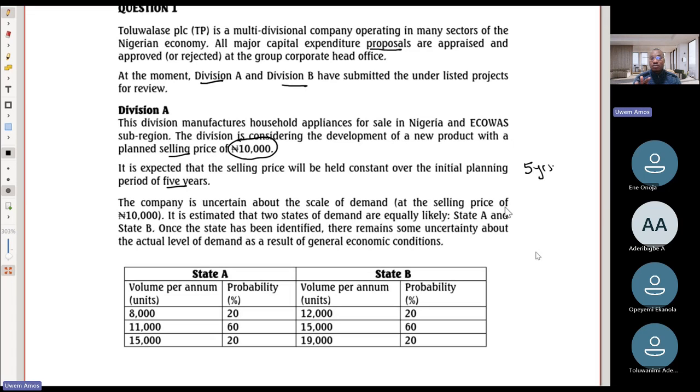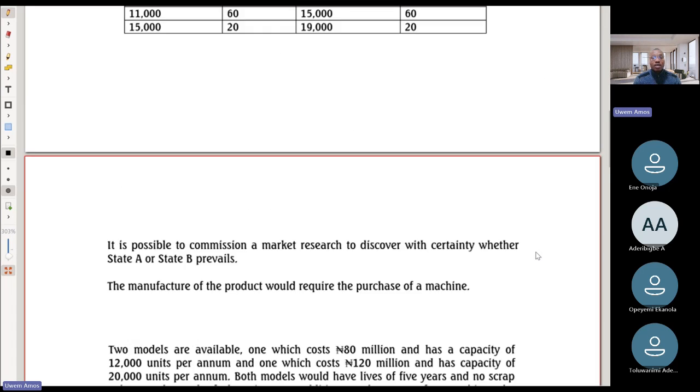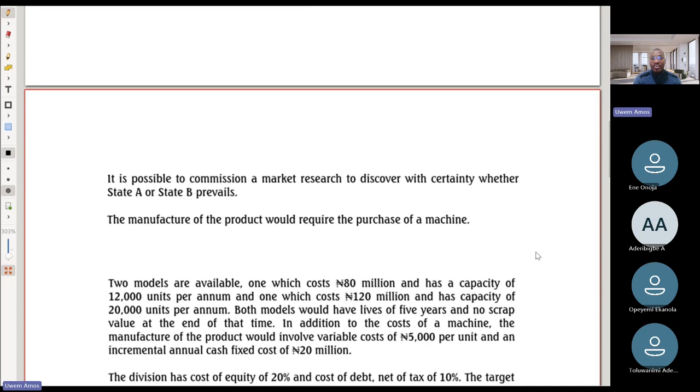So they're looking at going into production, but 2 likely possibilities, either A or B, would happen. The future is uncertain, so they've taken note of that. It is possible to commission a market research to discover with certainty whether state A or state B prevails.